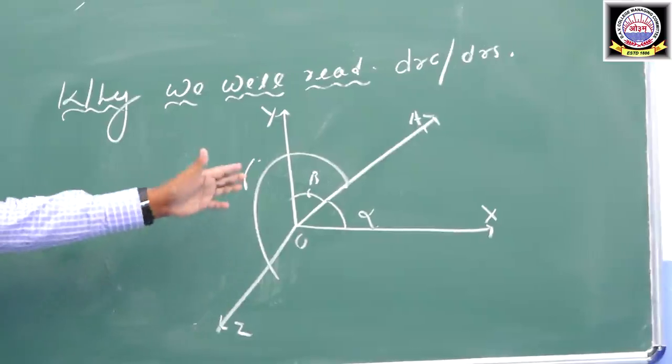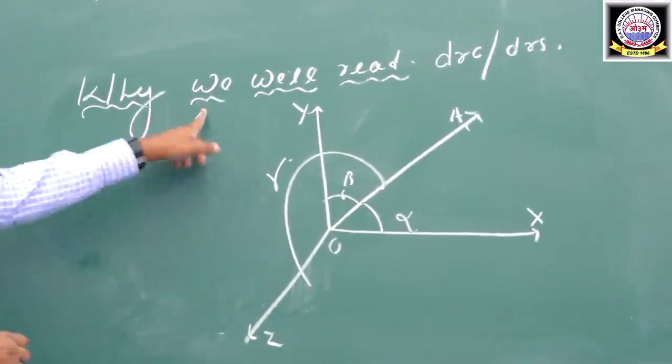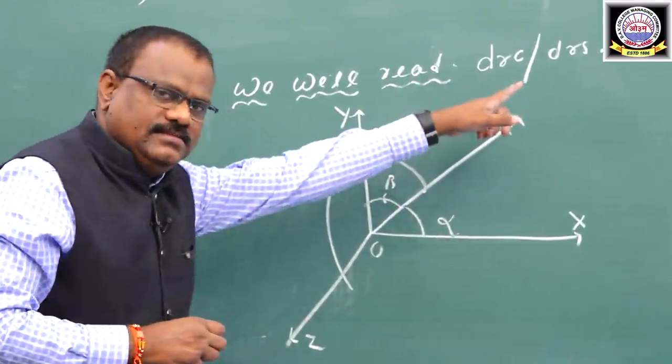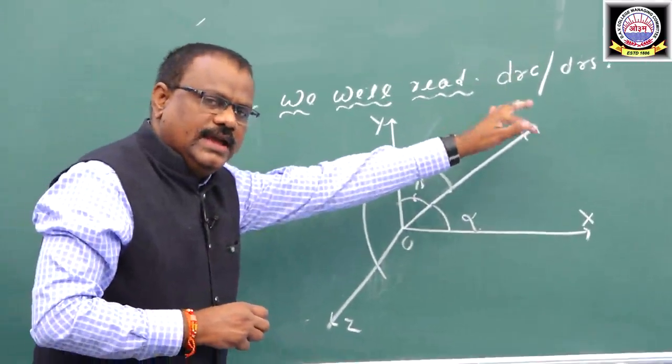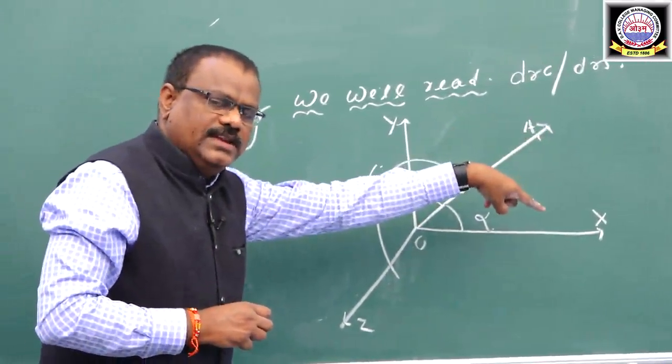And the cosines of those angles. Now, why will we read DRC and DRS? We understood one angle cannot fix the position of a line in space.